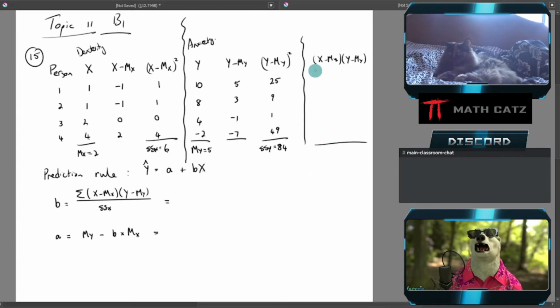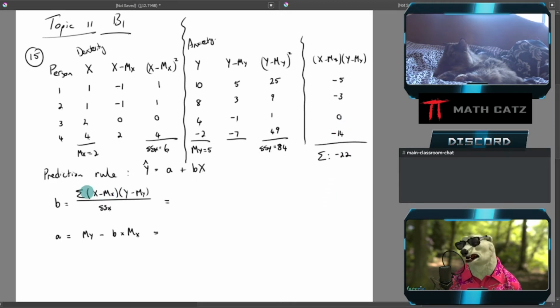Now we have to multiply, not the squared deviations, just the deviation scores. So negative 1 times 5, negative 1 times 3, 0 times negative 1, and 2 times negative 7. We add those together for a sum of negative 22.